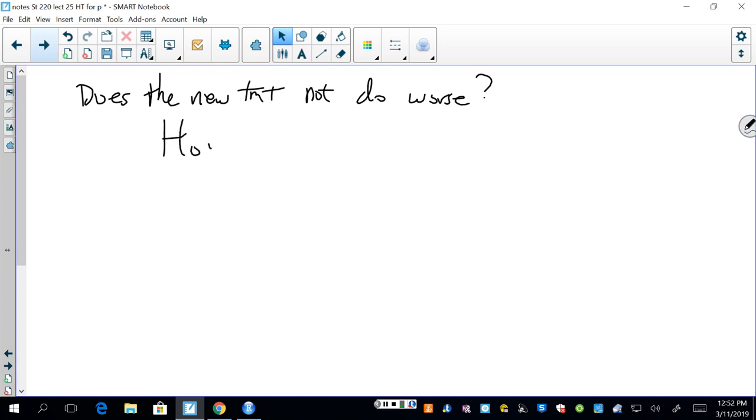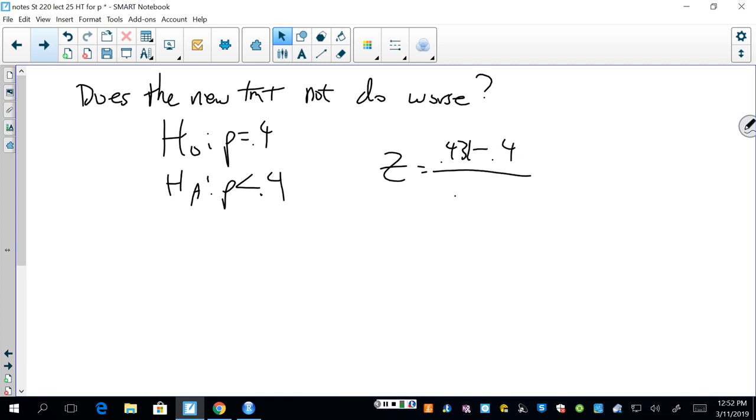But if you set it up that the null is p equals 0.4 versus an alternative that p is less than 0.4, you could look at it that way. The z-value, 0.431 minus 0.4 over the standard error, is going to be the same thing, 1.04.